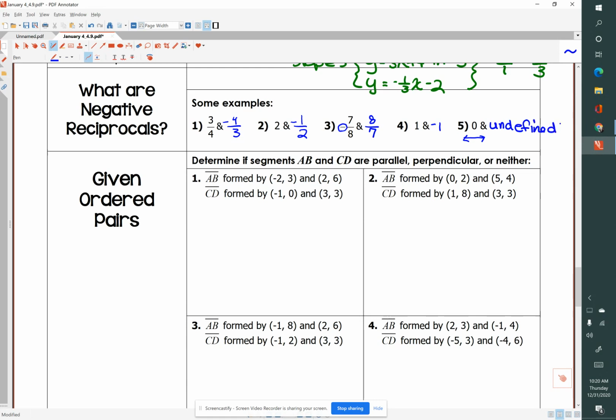And that would be our vertical line. So what is a way to remember a negative reciprocal? I'm going to erase a little bit here to give us a little bit of room. And we're going to write, it is a fraction flipped and the signs are switched.